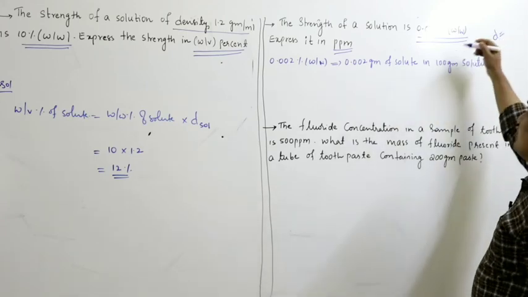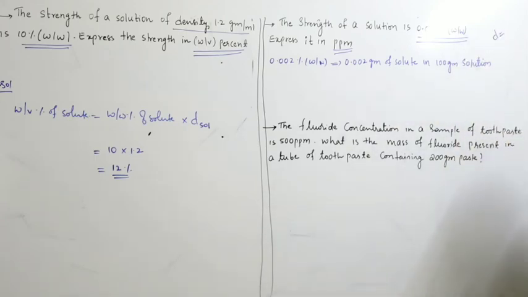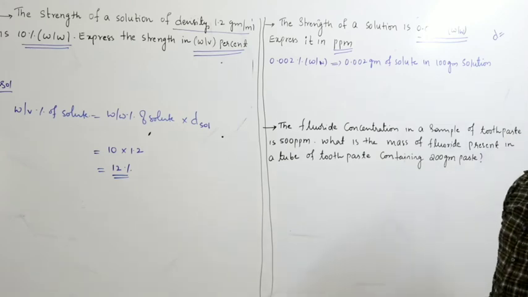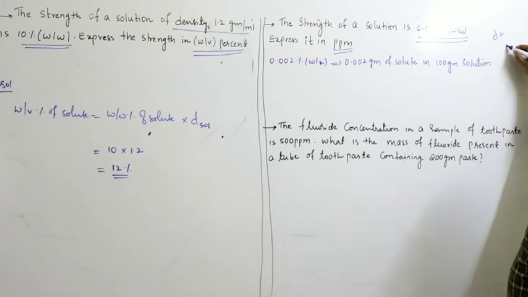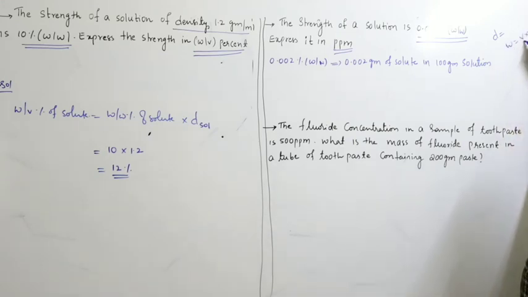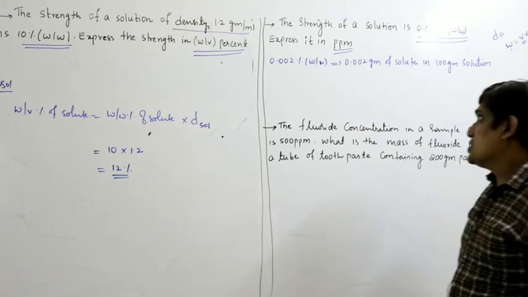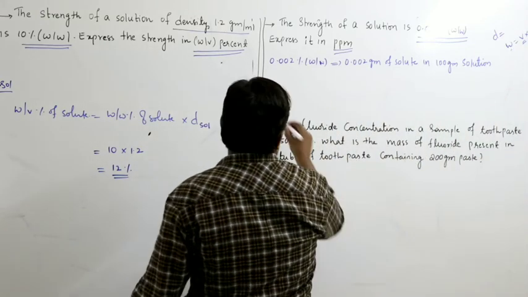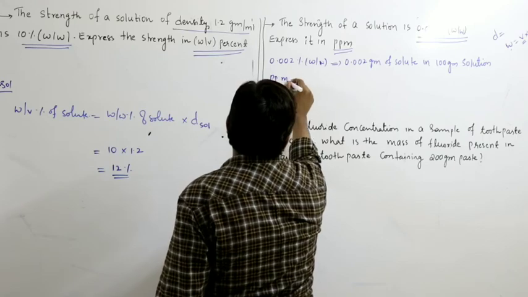Since density is not given, I am considering it as weight, or consider density equal to 1. If density is 1, then weight will be equal to volume. Weight is equal to volume into density. If volume is given, density should be provided, then only we can calculate weight. Right. So, ppm of solute.